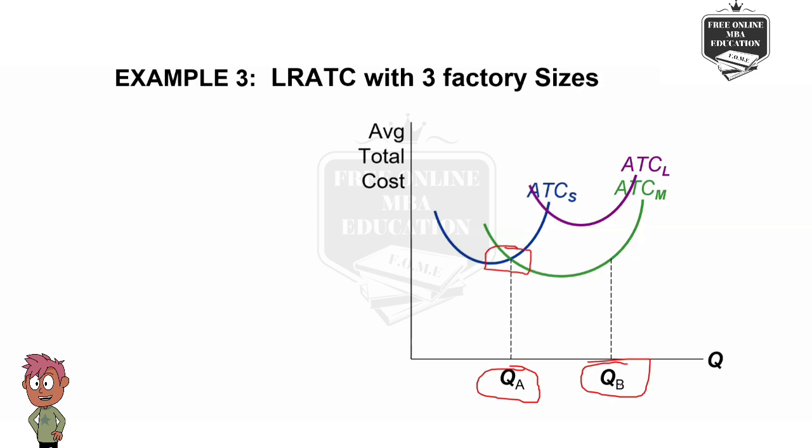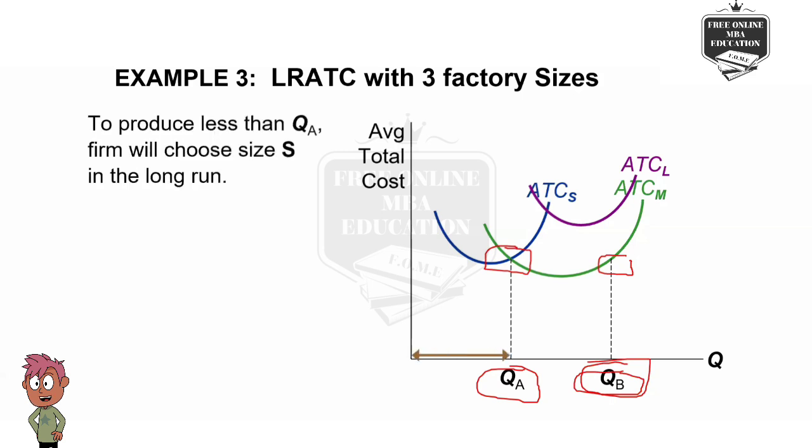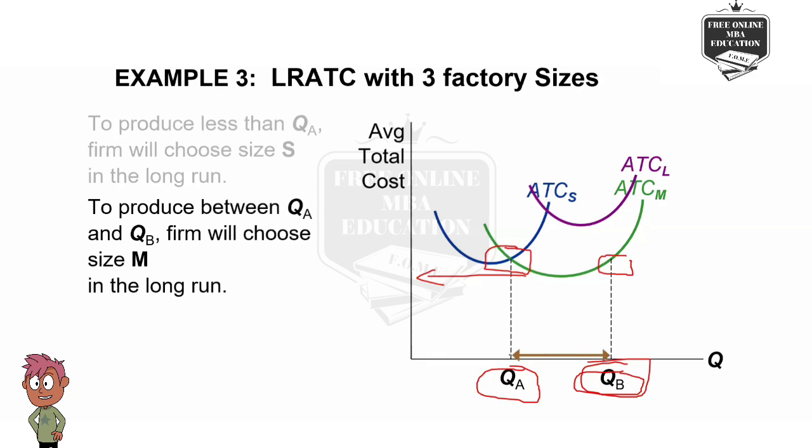But when you expand your quantity and you think that this is the minimum quantity that I'll be selling from day one, then you will see that it will move to the medium size. This happens to be the only option because this is the most optimized option. Now, to produce less than QA, the firm should obviously choose size S. In the long run, to produce between QA and QB, you should choose the size option M, that is medium.